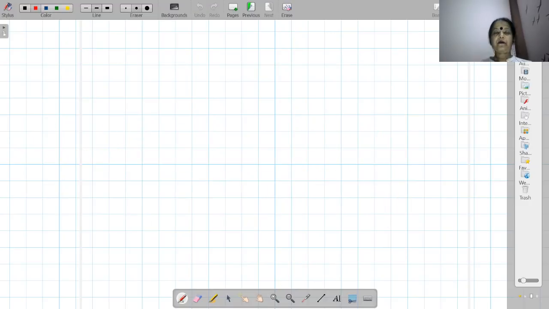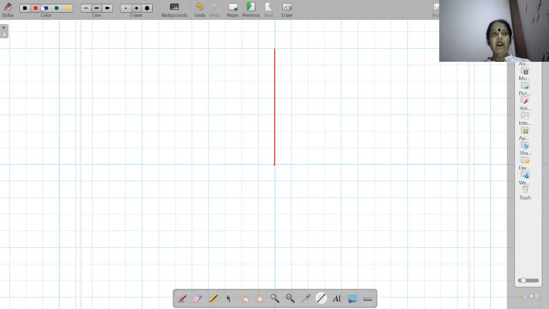But for your class, in your syllabus the concept of only one quadrant is there. So the concept which we will take here is only for the first quadrant. Is it clear? So for the first quadrant only we will take the concept.